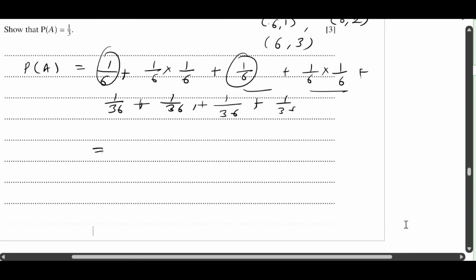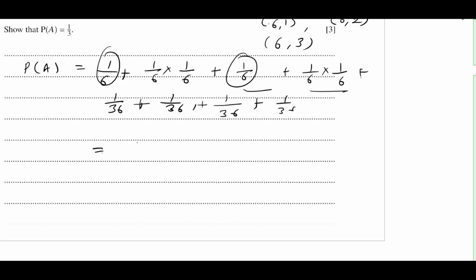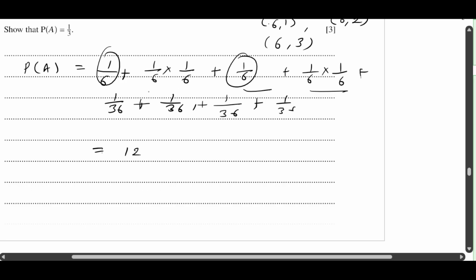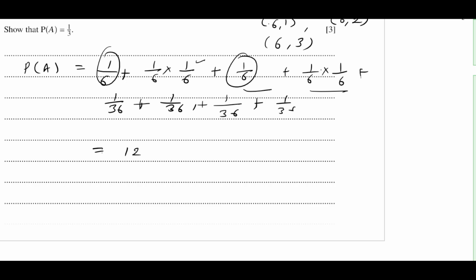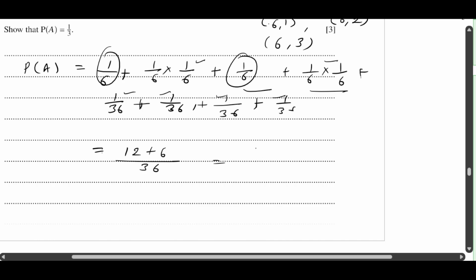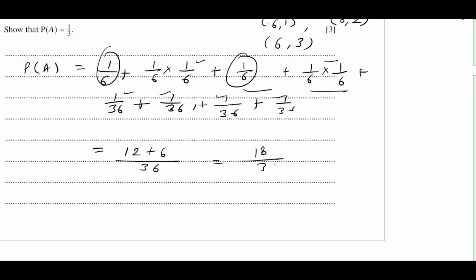So 6 plus 6, 12. So it is 12 divided by 36. Then I have 1 here, 1 here, 1 here, 1 here, 4 times, 5 times, 6 times. So again plus 6, and the whole divided by 36. 12 plus 6, 18. 18 divided by 36.